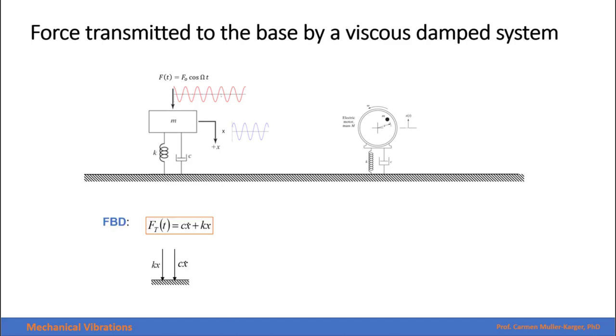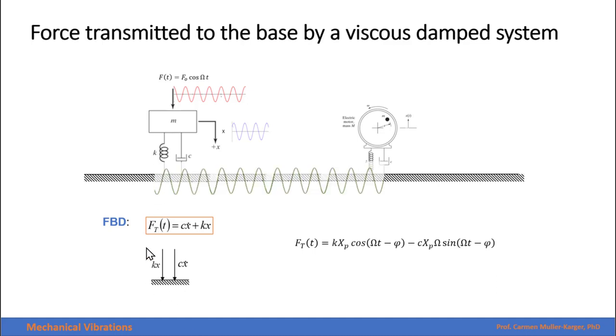And then if we do a free body diagram of the platform right here, we see that this response produces a force which is equal to K times this X and C times X dot. This is the equation for that force that this platform is receiving.